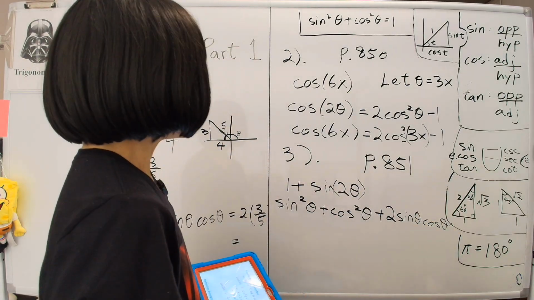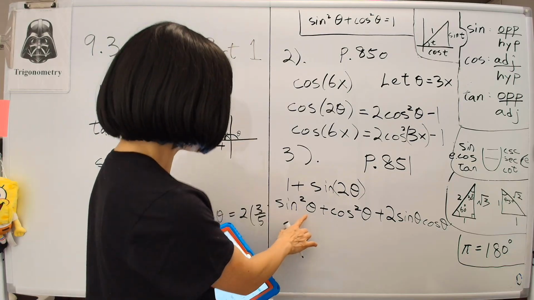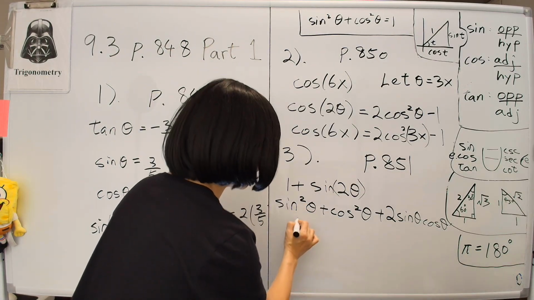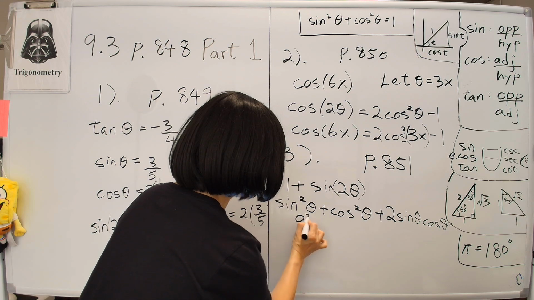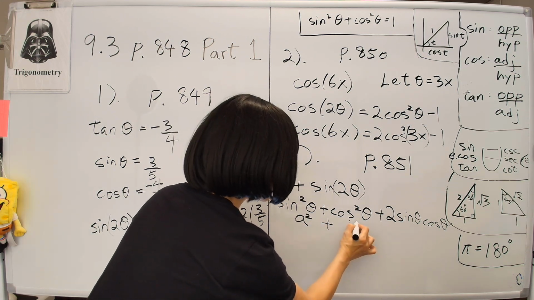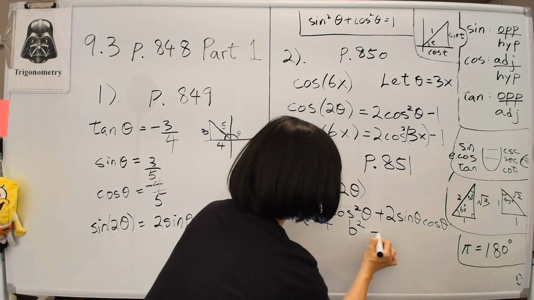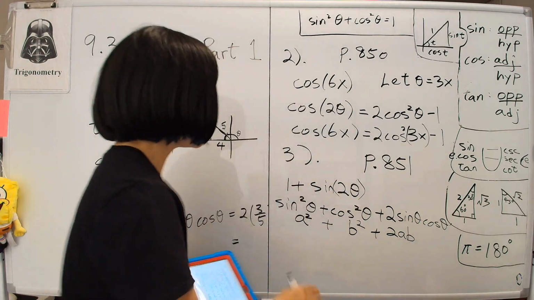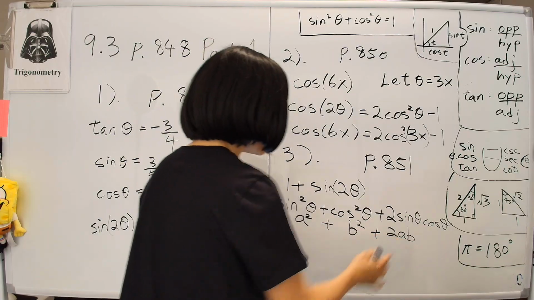All right, so what is this thing? We'll consider sine theta as a. So this is a squared, plus, and cosine theta we'll call b, so this is b squared, plus 2 times a times b. There's a formula to factor this in algebra.